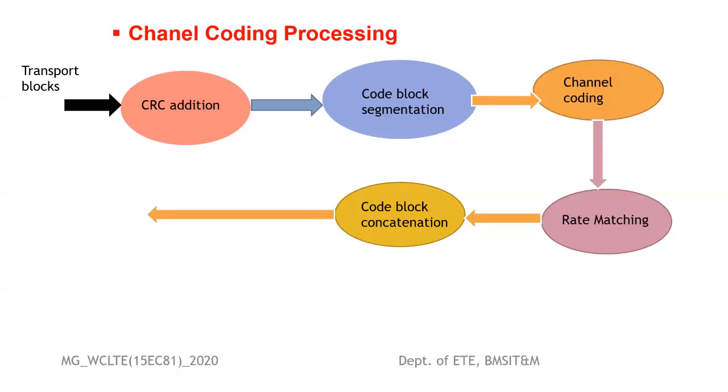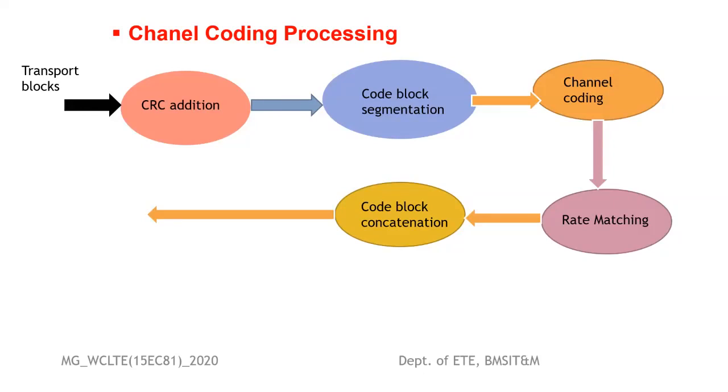After segmentation, channel coding is done. After channel coding, rate matching is done. Then, after rate matching, the code block concatenation will be done. So this is one part.